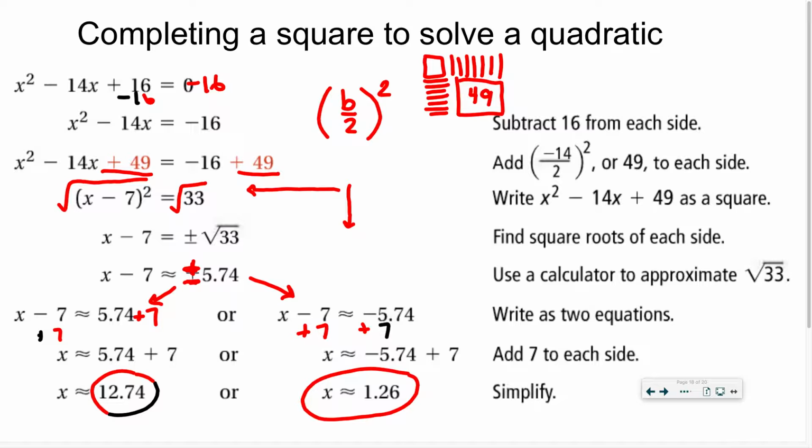But when you add 49, it's not the same as the original equation. Correct, but I can do anything to an equation as long as I do it to both sides. Did I change the value by adding 49 to both sides though?